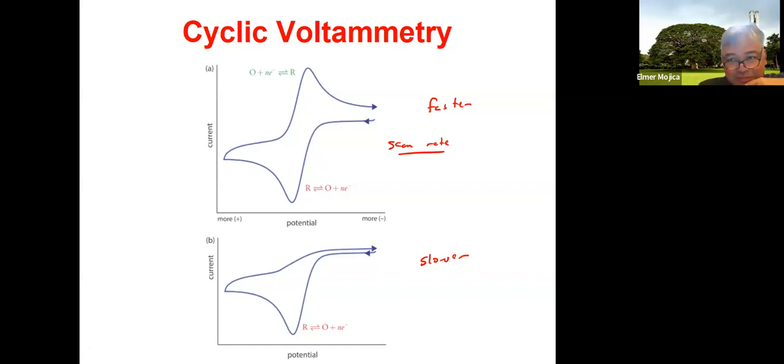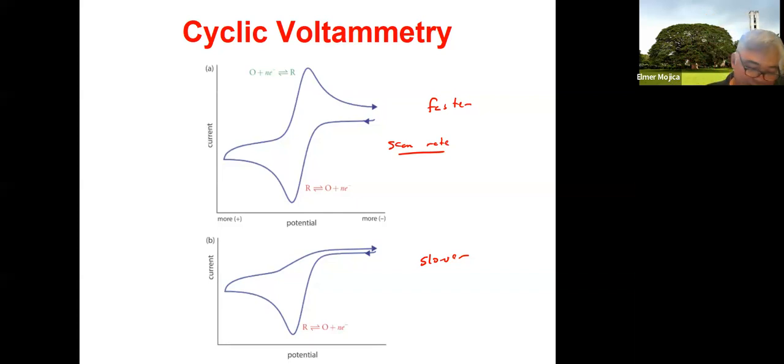I think this is one of the advantages of CV compared to the other analytical methods. They provide you qualitative information. So they are the same redox couple reaction, one at a faster and one at a slower scan rate.